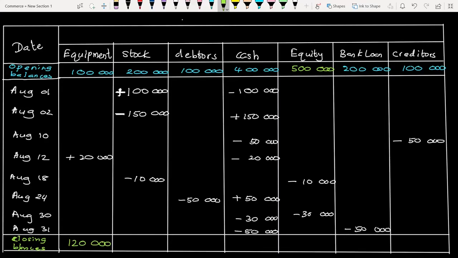Then what is the closing balance of stock? The opening balance is 200,000. Then plus 100,000 means 300,000. Minus 150,000 means 150,000. Then again minus 10,000. So it should be 140,000.